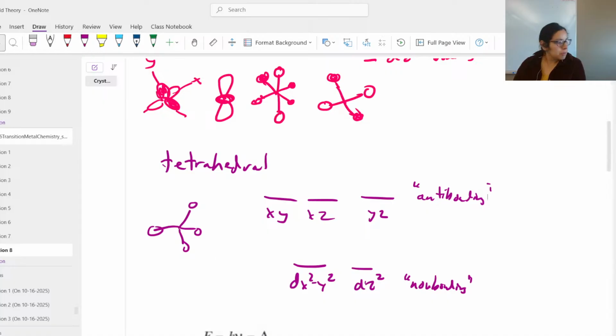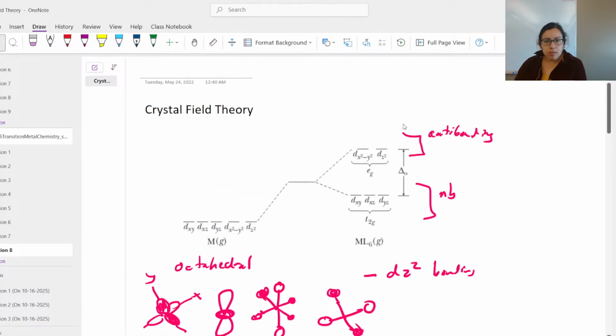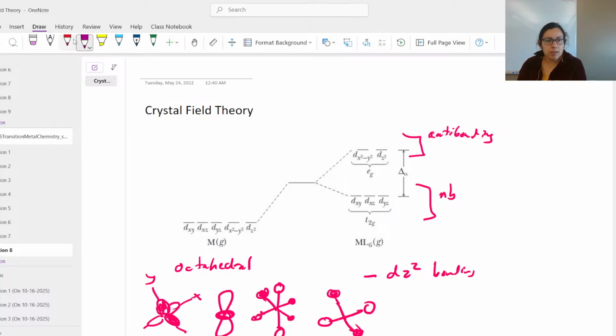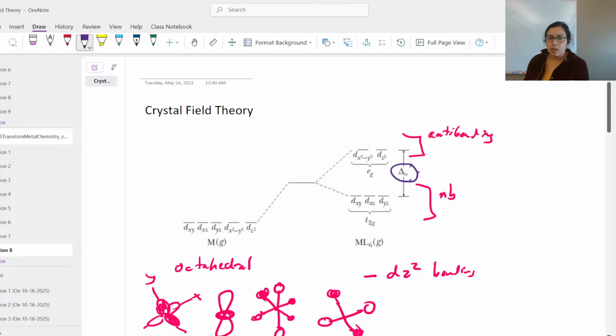All right, so what do we want to take away then? What we're interested in is this energy splitting here. So this is our crystal field energy splitting, and we want to calculate this energy. Basically this energy corresponds to the pretty colors.